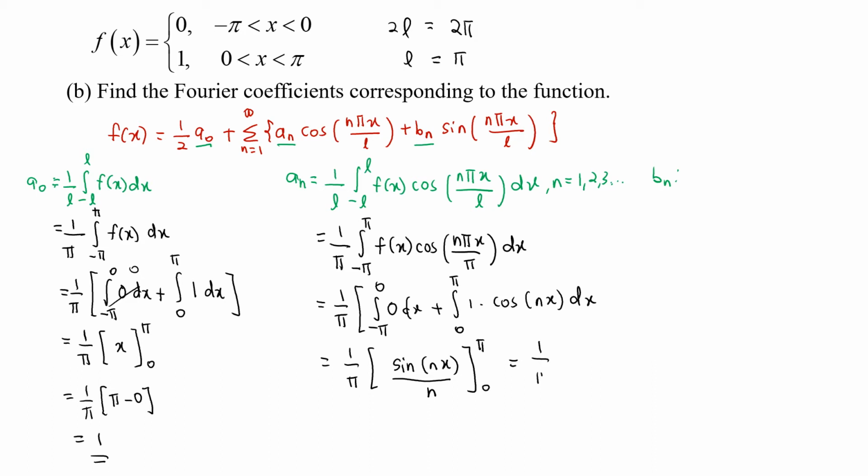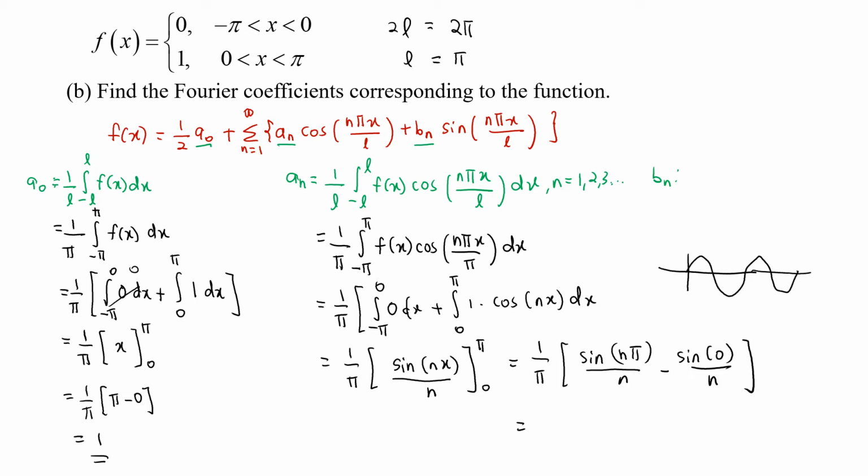Then this will be 1 over pi, sine of n pi over n minus sine 0 over n. We know that for every multiple of pi, the sine value will always be equal to 0, and sine 0 is equal to 0.